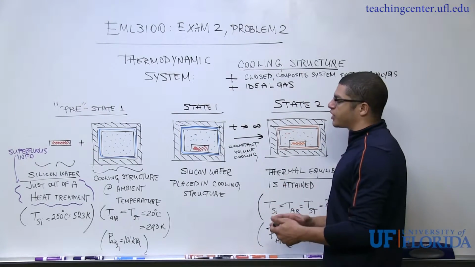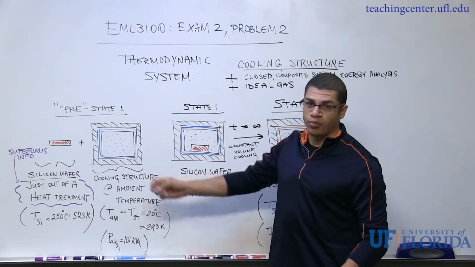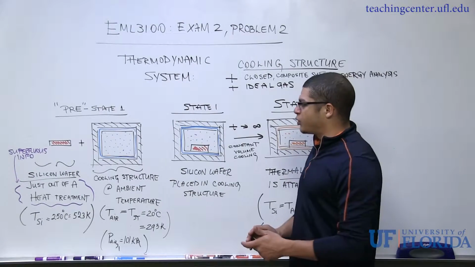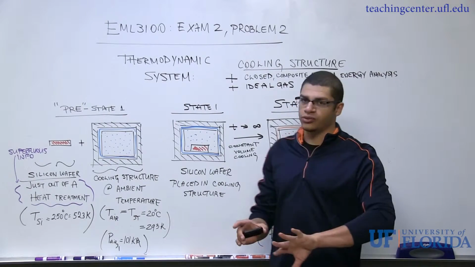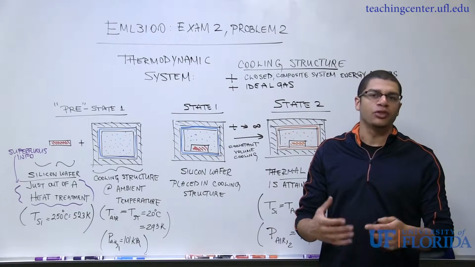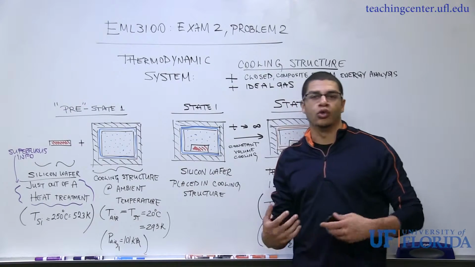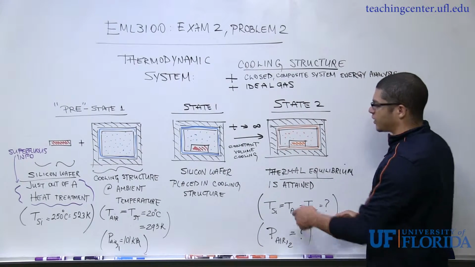And so we can make an assumption that we have a rigid cooling structure right off the bat that's sealed. And what this would allow us to do is to say, okay, isobaric or constant pressure process is not the one we're looking for, but rather a constant volume or isochoric process. And I've listed that here.